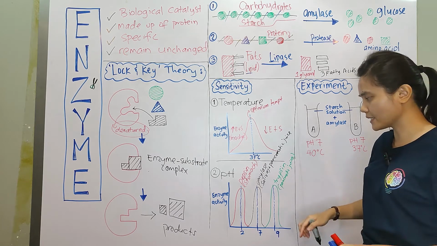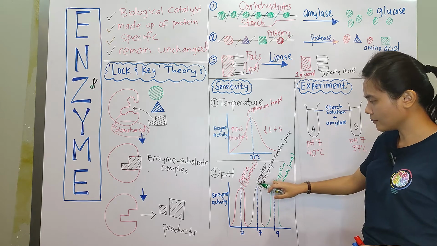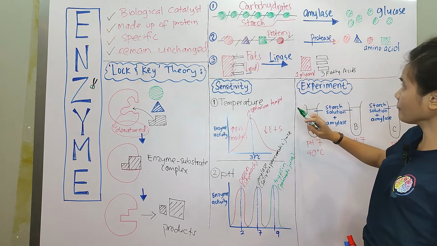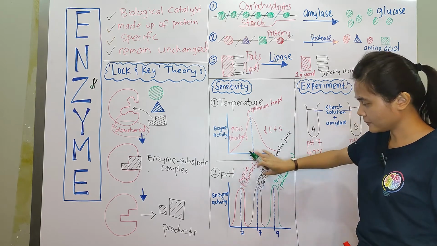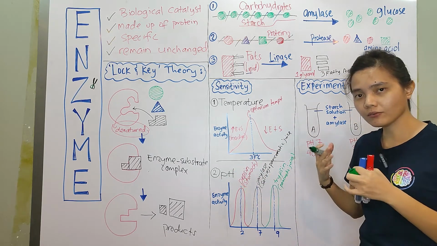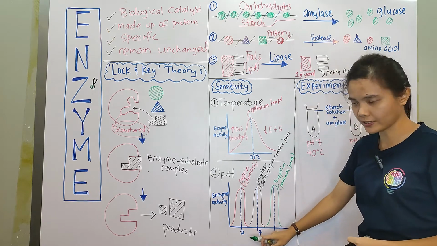Now for combined science, you might not know trypsin and pepsin. Maybe you are told about protease only, but to be specific, pepsin breaks down protein into amino acids in acidic condition.